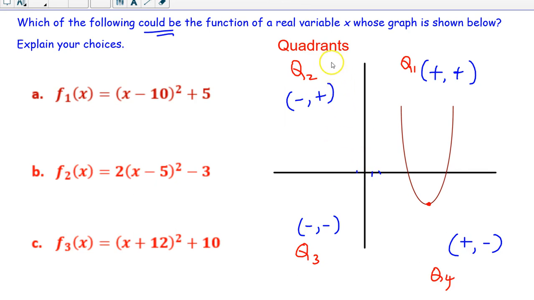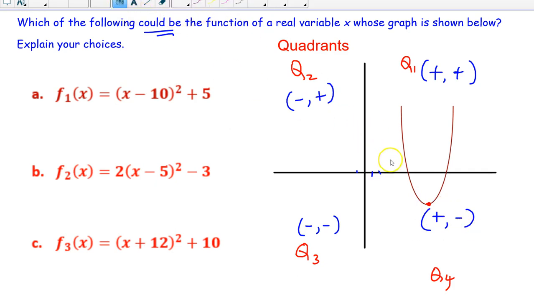Okay, those are the 4 quadrants I was talking about. Now this vertex is in the 4th quadrant, and in the 4th quadrant you know that the x has to be positive and the y has to be negative. So the x-coordinate of the vertex is positive and the y-coordinate of the vertex is negative.